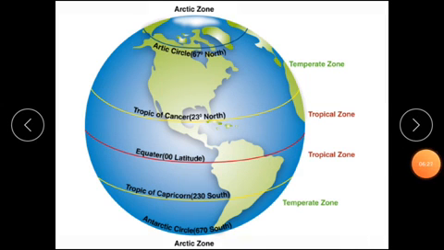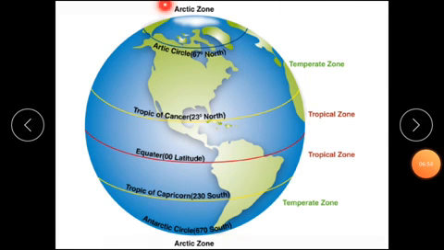The next region, the subtropical region, lies between the Tropic of Cancer and the Arctic Circle in the northern hemisphere, and between the Tropic of Capricorn and the Antarctic Circle in the southern hemisphere. This region in between is called the temperate region or the subtropical region.